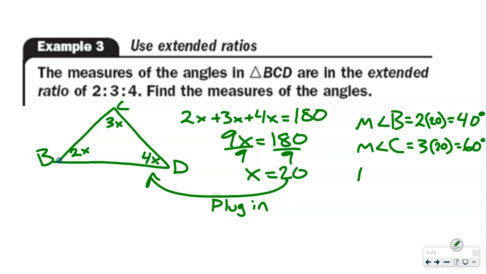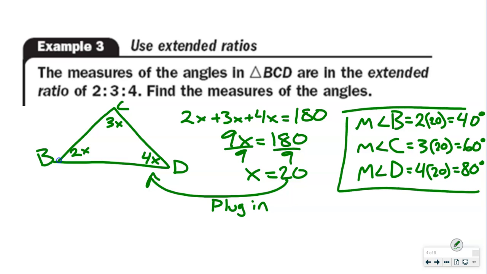And then the measure of angle D is 4 times 20, which is 80 degrees. And there we have all three measures of our angles. We have 40 degrees, 60 degrees, and 80 degrees. And those simplify down to 2, 3, 4, if that's a ratio, 2 to 3 to 4.